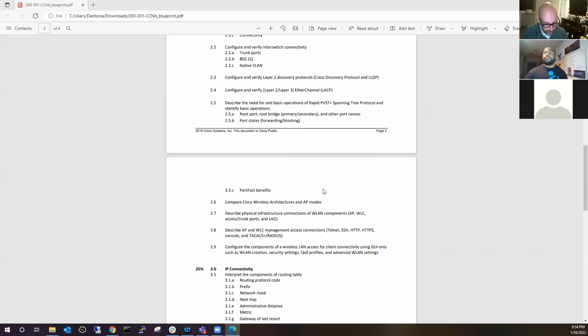Okay, so for spanning tree, I'm just making a couple of quick notes to get it straight in my head. Take your time. Root port, designated port, and then blocking, and then the BPDU.